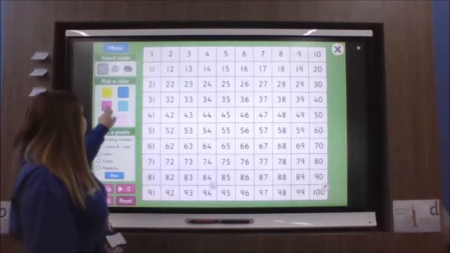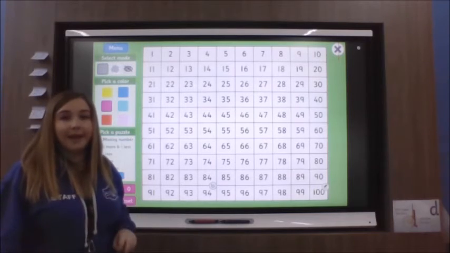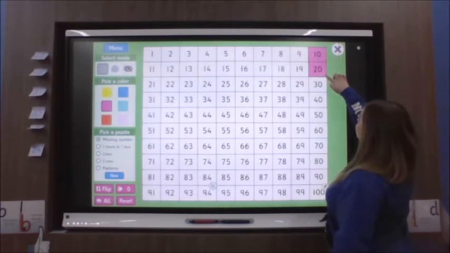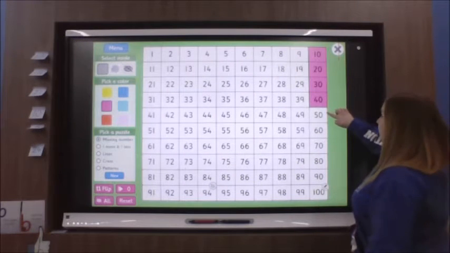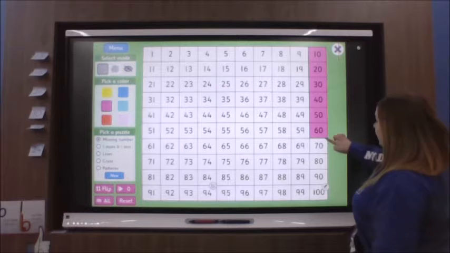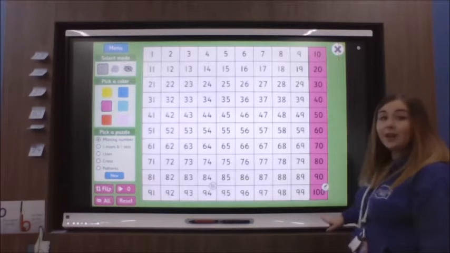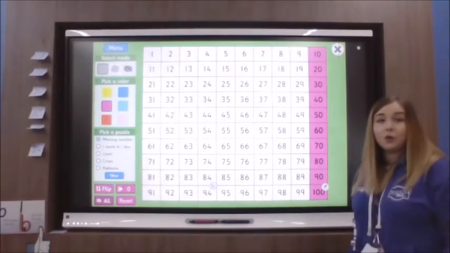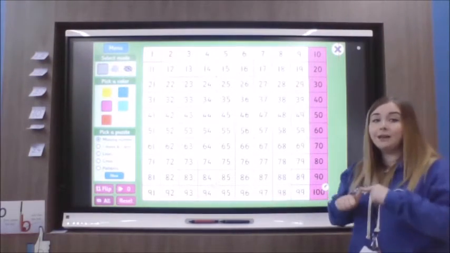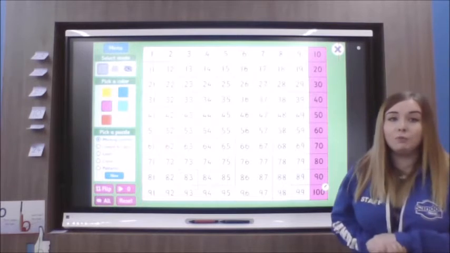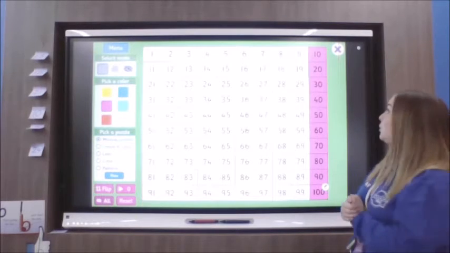And then finally, let's have a go at splatting our tens. Okay, so 10, 20, 30, 40, 50, 60, 70, 80, 90, 100. Now we would normally go past 100 and say 110, 120, but unfortunately those numbers aren't on my whiteboard.